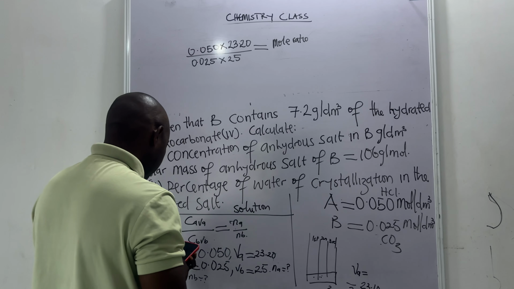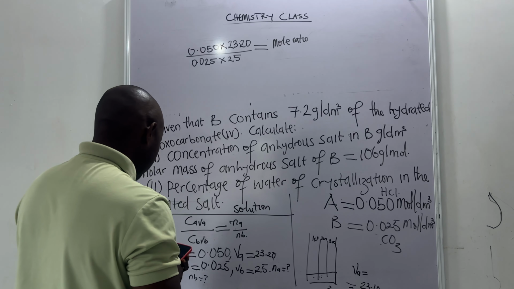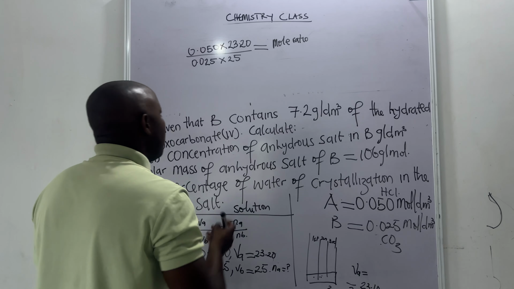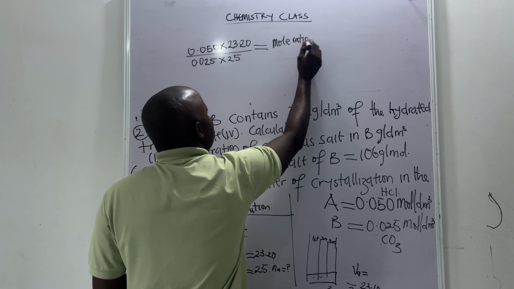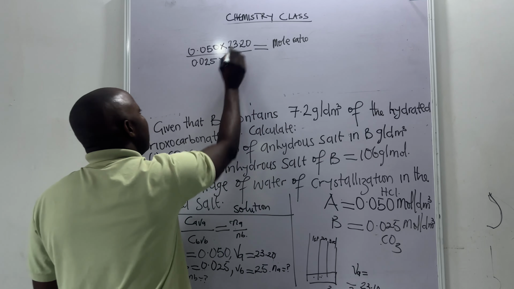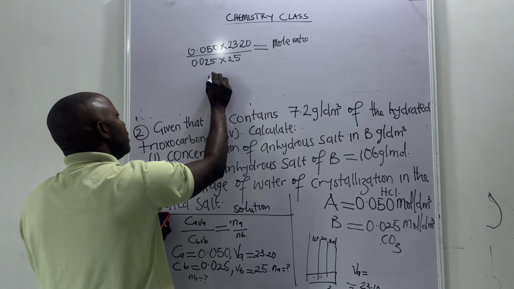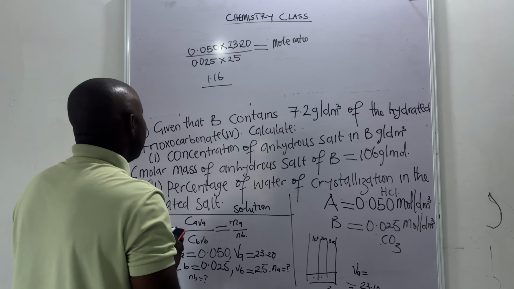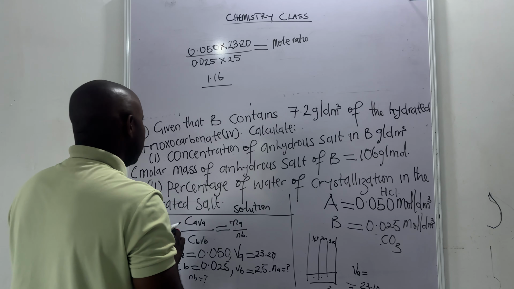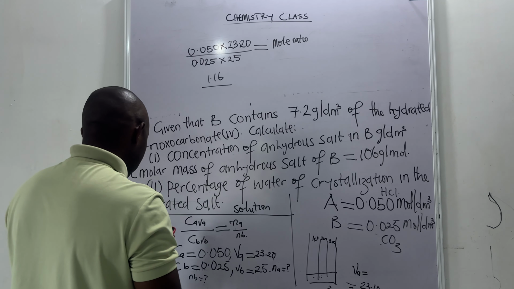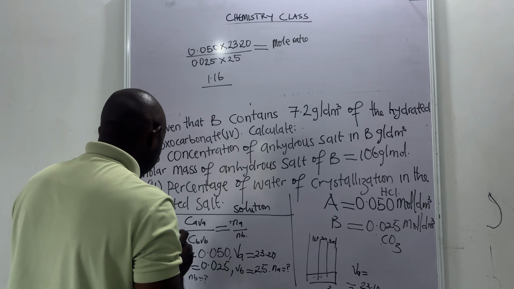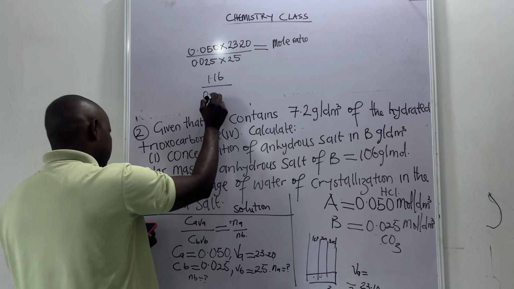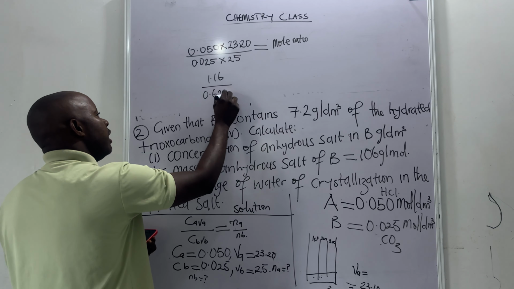So we are going to use, let's have this. It says 0.050 times 23.20. We have 1.16 all over 0.025 times 25. We have 0.625.